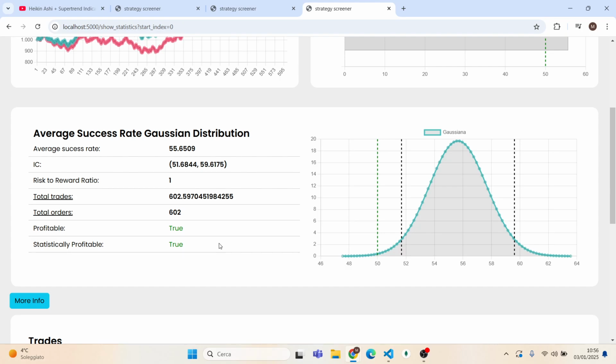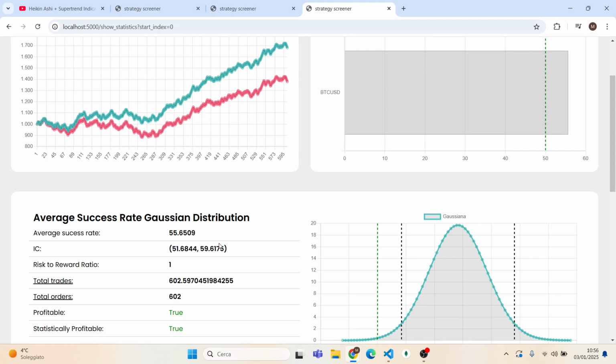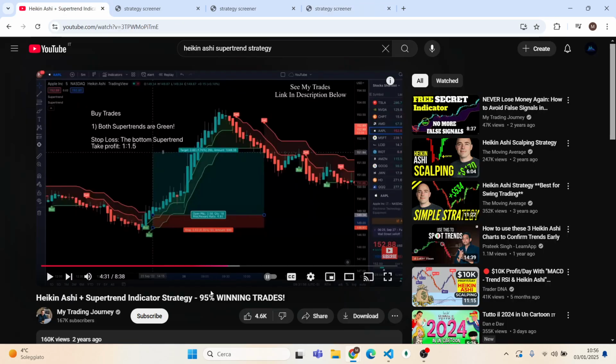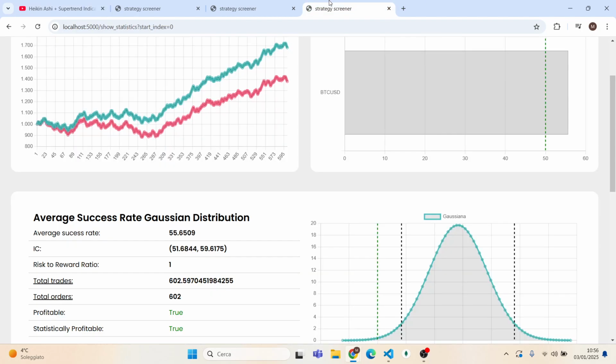I think it was trained well basically. So in conclusion, the strategy does not have 95% winning trades. As you can see, it is a good strategy, but not as it claims.